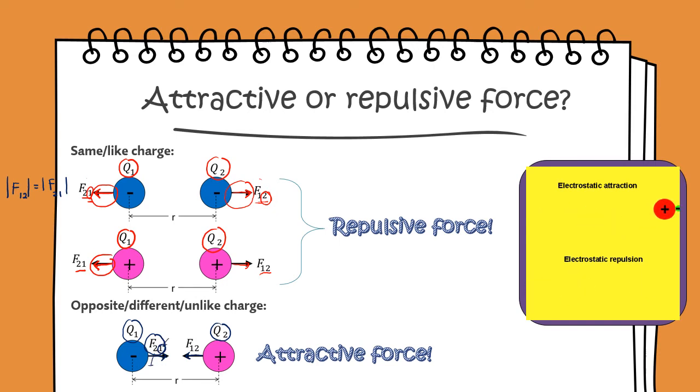On 1 means that we draw the direction of the electrostatic force to the right on charge Q1. While F12 means F of 1 on charge 2. On charge 2 means that we will sketch the direction of force on charge Q2.